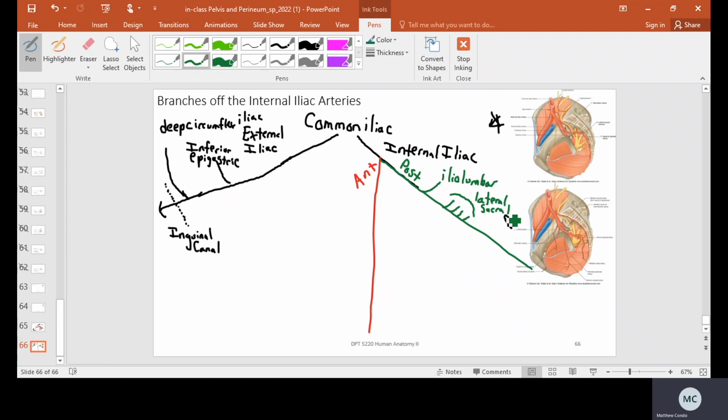The internal iliac artery will then continue on, and that's going to end up exiting the pelvis as the superior gluteal artery. Now remember, that superior gluteal artery is going to be that artery that exits the greater sciatic foramen supra-piriform. Right, because it's named superior gluteal artery based on its position in reference to the piriformis.